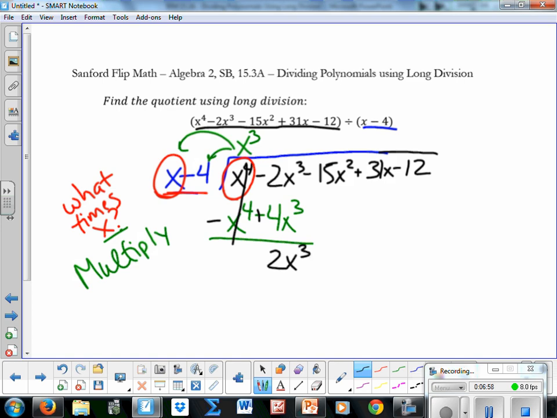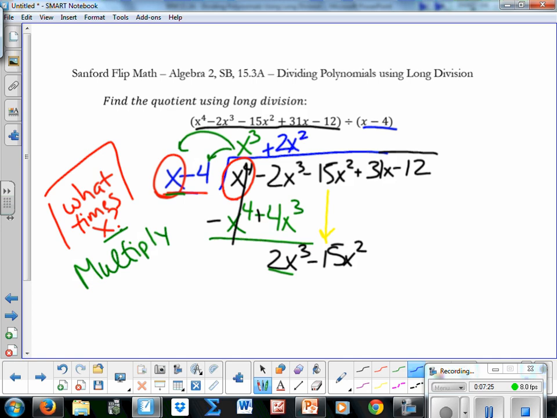All right, so now we've got to do the next term, just like we did before, again bringing this term down. So we've got our minus 15x squared that goes here. So again, we're going back to this question over here. What times x? We're taking the front. So what times x gives us 2x cubed? Well, 2x squared.